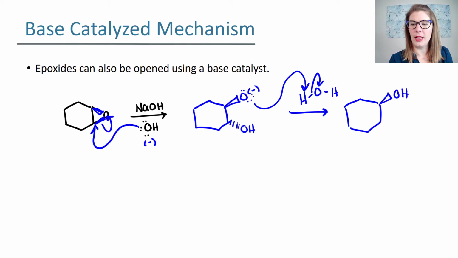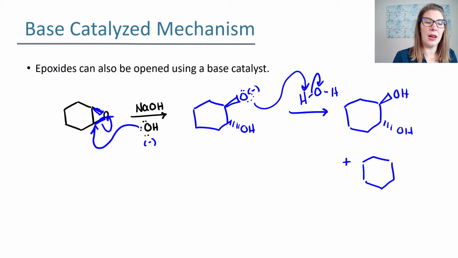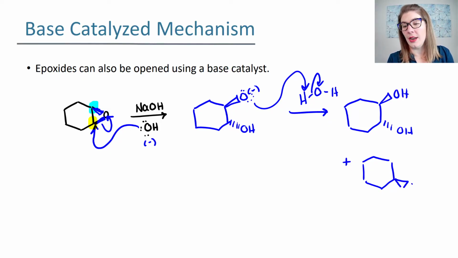And we end up with OH here and an OH here. Remember that you can also attack the other carbon, right? There's equal probability of attacking this carbon that I highlighted in yellow versus this carbon that I highlighted in blue, which means that we can end up with our mixture of enantiomers.